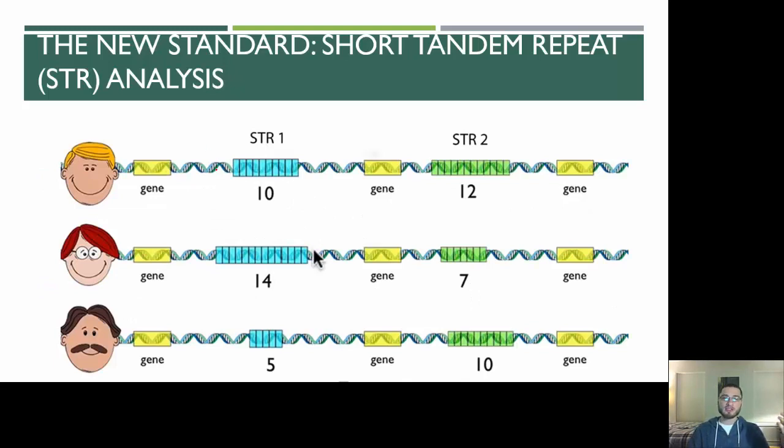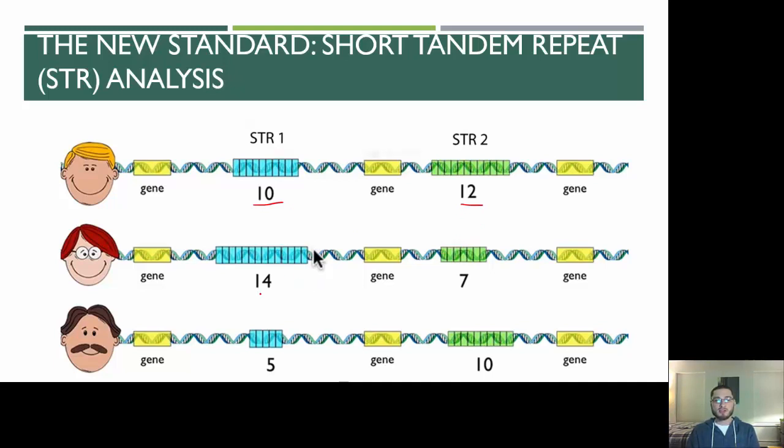Whenever we look at someone's STRs, it's the same idea where it's going to be the same location in the DNA. Everyone's going to have those locations, but there's going to be different amounts of repeats. So this guy, for STR1, he's got 10 repeats, and for STR2, he has 12 repeats.